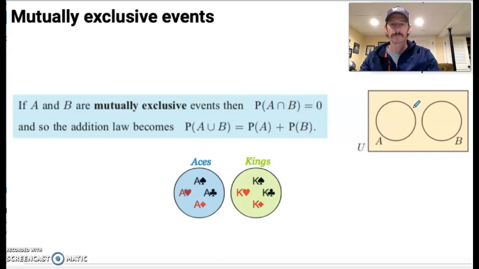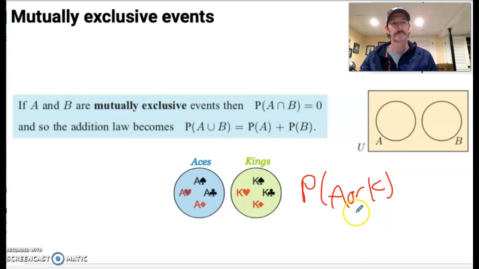For example, if I were looking at the set of aces and the kings in a deck of cards, there are no aces that are kings, so if I wanted the probability of drawing an ace or a king, which would be the same as having that little union symbol in there, it would be 4 out of 52 plus 4 out of 52 because there is no overlap.